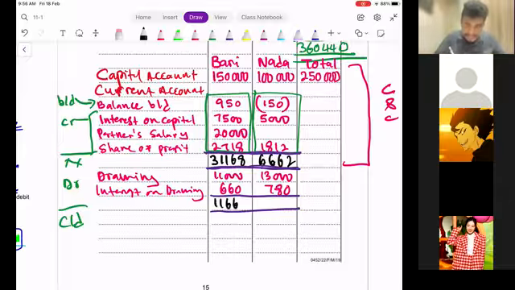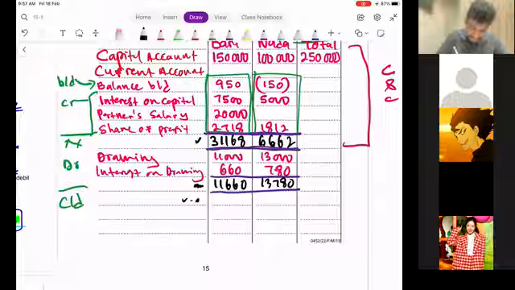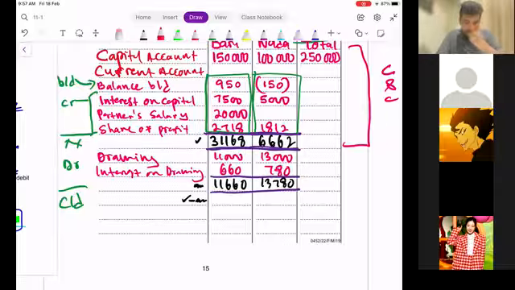Then A minus B. I'll get balance c/d. My balance c/d is 19,508 negative 7,118.